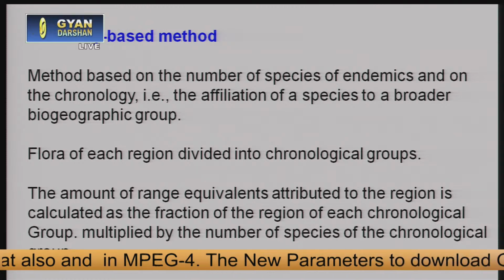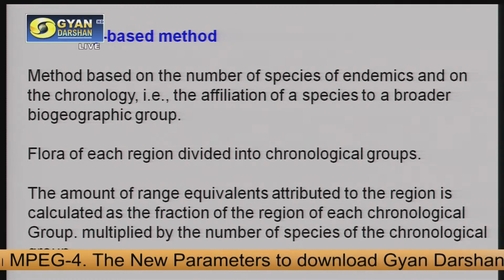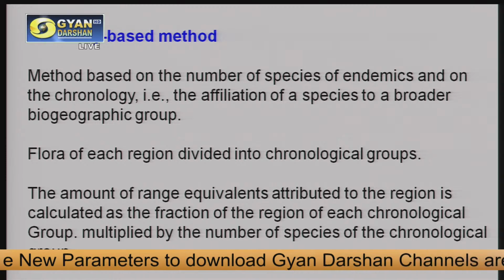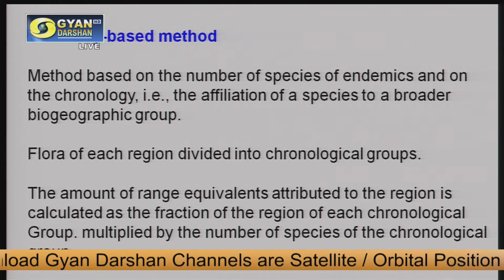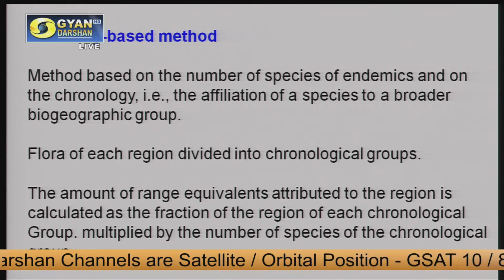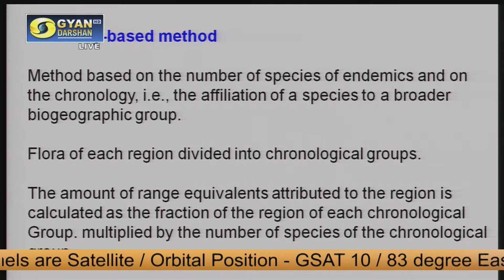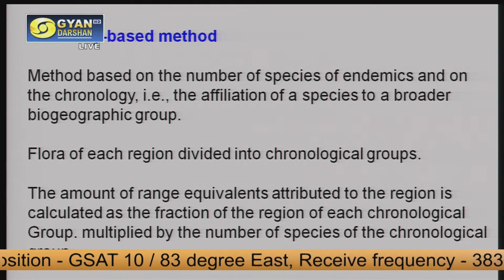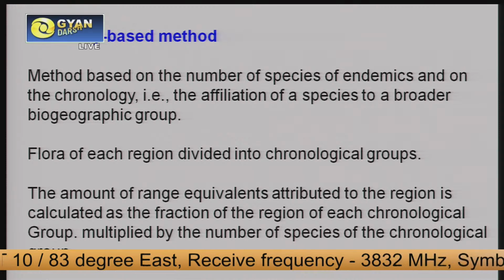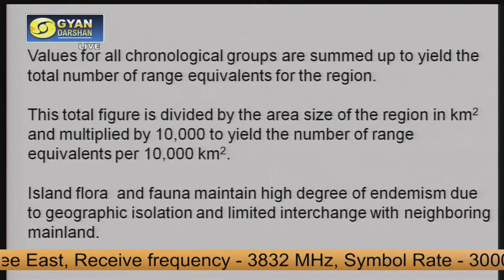So you have to calculate two parameters. One, the fraction of the region of each chronological group, and second, the number of species in a particular chronological group, and you multiply the two and you get the amount of range equivalents.